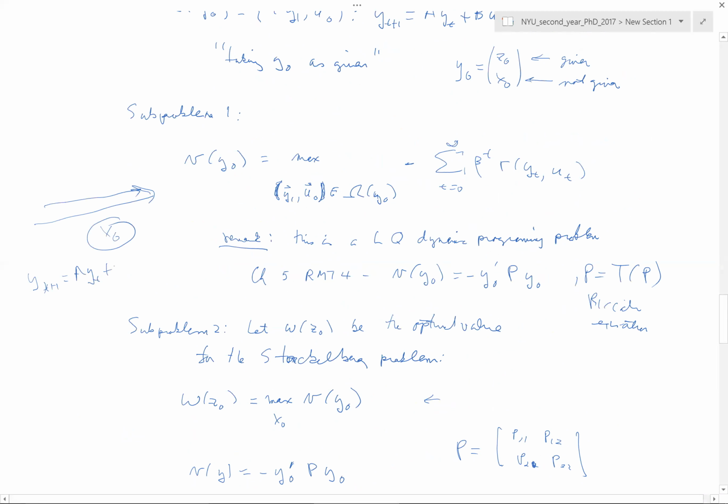We've managed to press it into this form. When we study other applications, the computations are going to be significantly more complicated because we're going to move outside the linear quadratic framework. But you're going to see a similar structure in terms of a difference between a time zero problem and a time one problem.